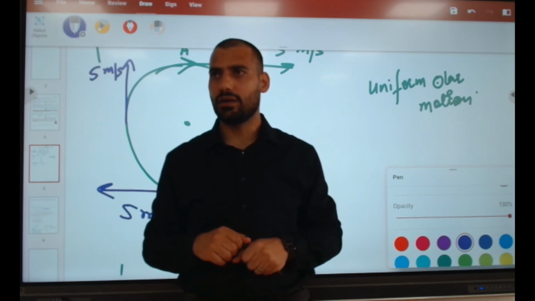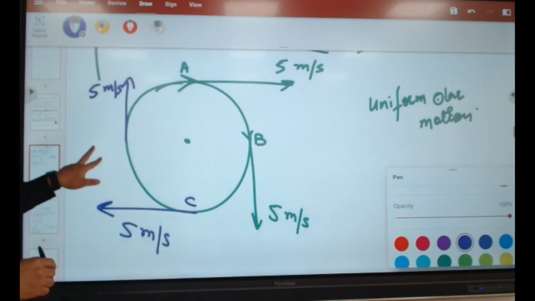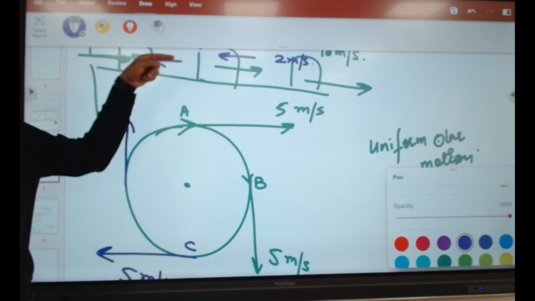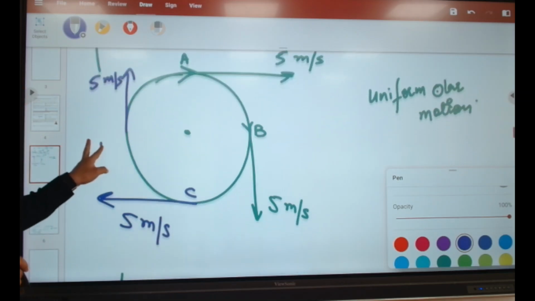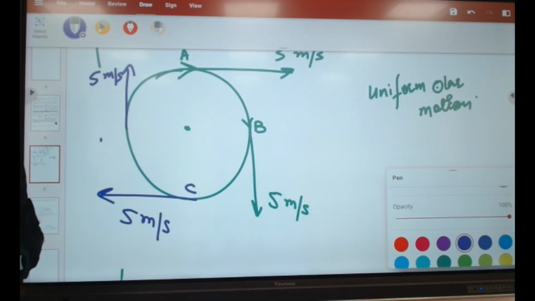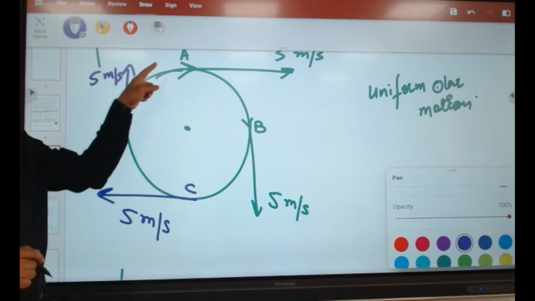Any idea about projectile motion? See, I'll tell you. See, understand. In this case, the force was applied along the line of motion, isn't it? But in this case, can you tell me what is the direction of the force? No, here it is not tangential. Why?